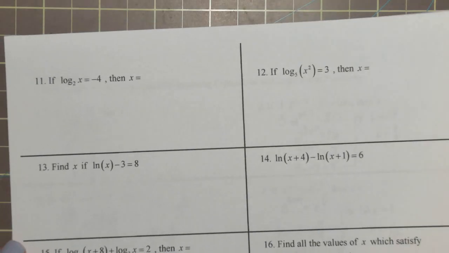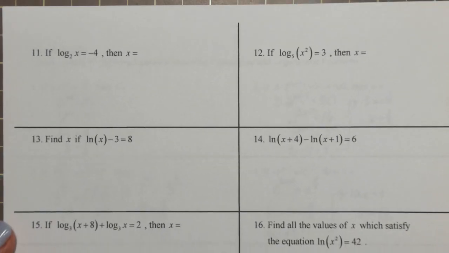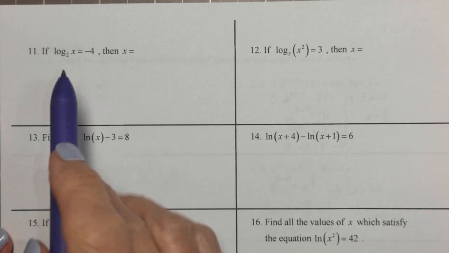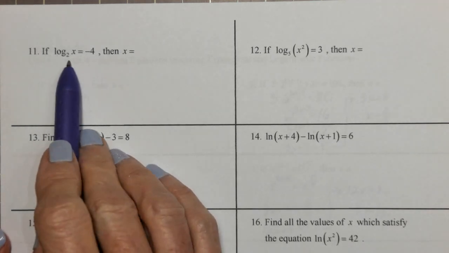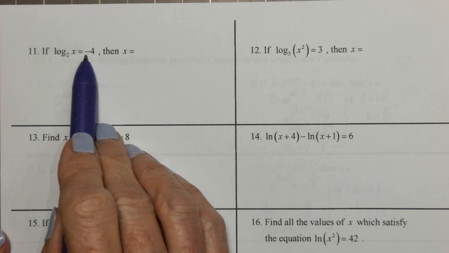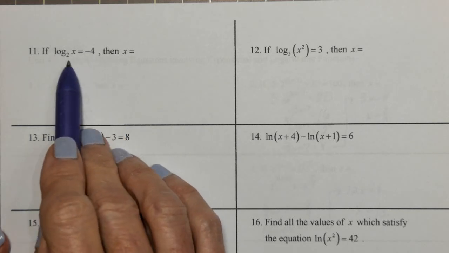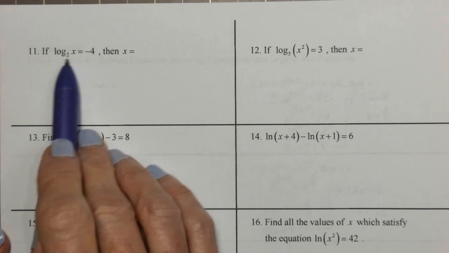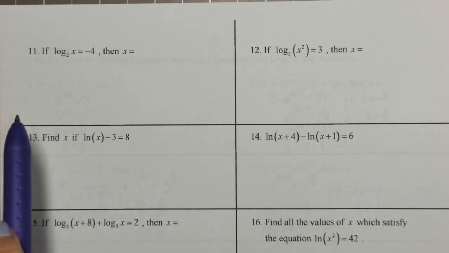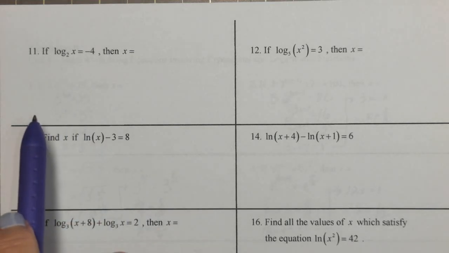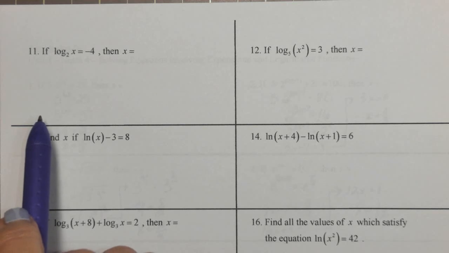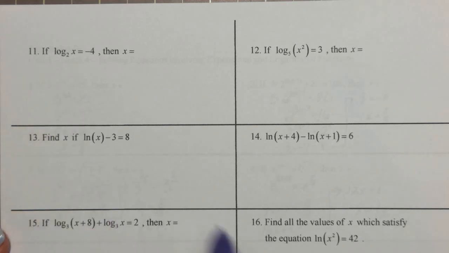Okay? Now we're going to do some equations that involve logs. Okay, I have log base 2 of x is negative 4. Well, I'm going to apply what I know is true of logs, and that is that they are inverses of exponentials.